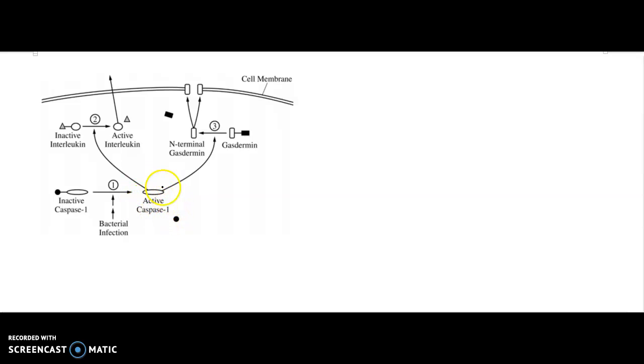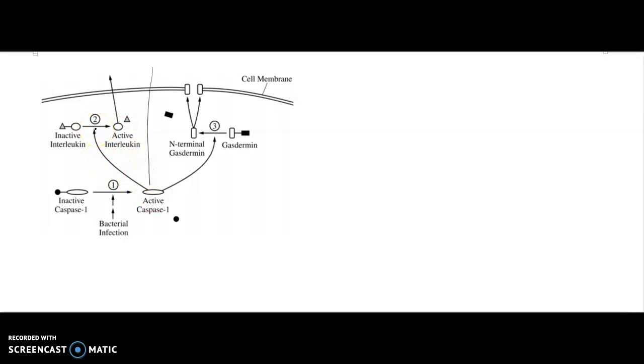Now, this active caspase can do two things. They are completely independent of one another. So one of the things that active caspase can do is come up here and do what? It can activate interleukin. So interleukin was inactive, and then it became active because of this.